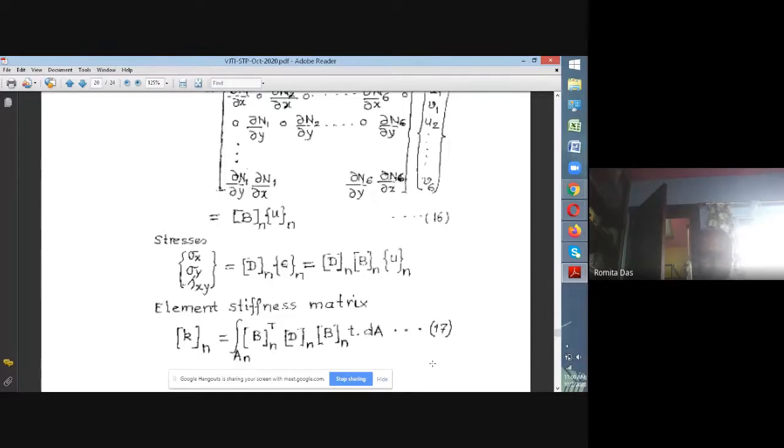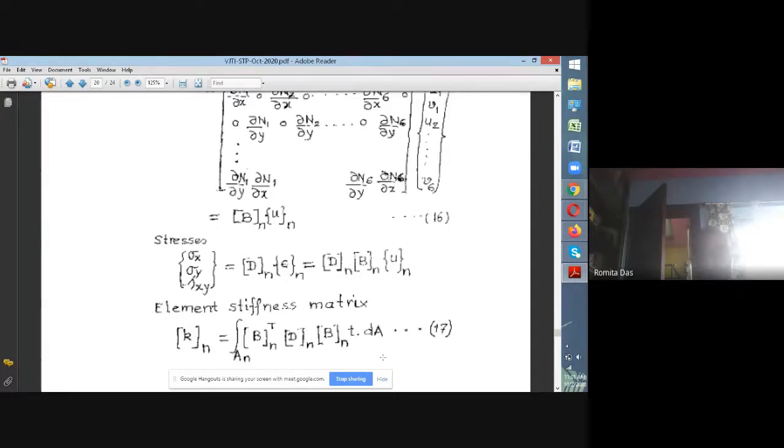Here also, a point which is important to remember is about the integration. In the case of the CST element, the three-noded element, all the terms of B were constant. So the integration was simply over the area, dA. The stiffness matrix involved just the area integration, because the rest of the terms are constant.